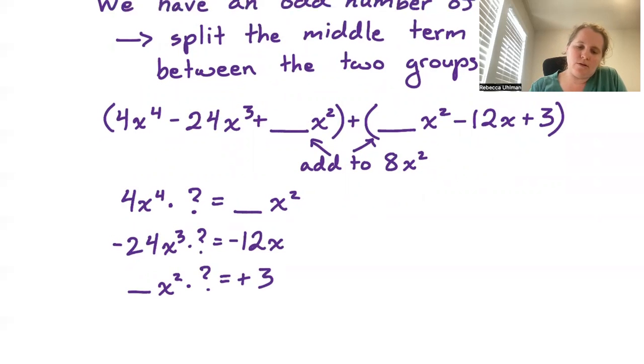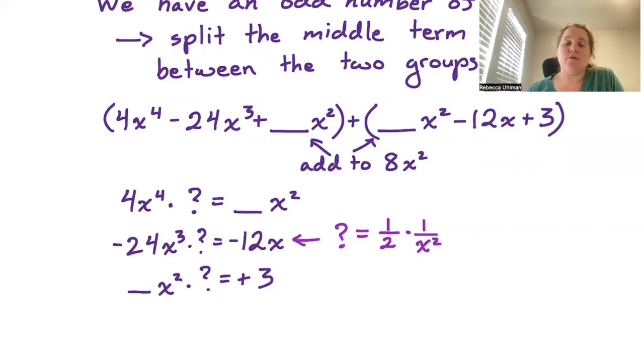So based off of this third term, our question mark would have to be 1/2 times 1 over x squared, if this works out. So if we use that question mark, then this blank here should be equal to, I'm going to do, so this is the first thing we did.